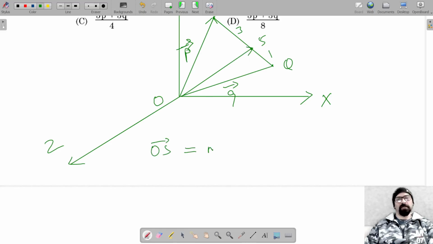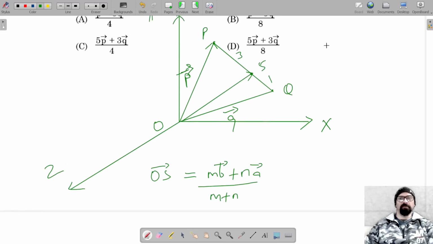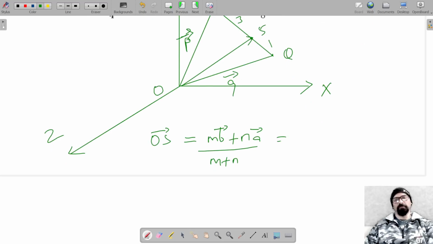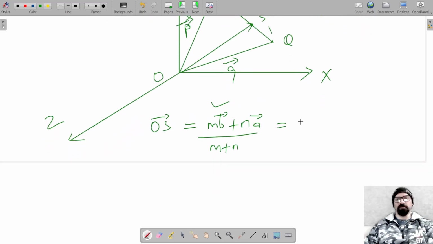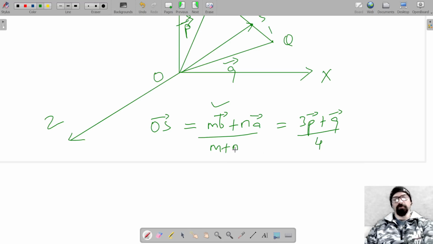Now it's given by the formula M into B vector plus N into A vector upon M plus N, where M and N is the ratio. So M is to N is equal to 3:1. So let's put in the respective values. Instead of B vector, we have P vector. So this is 3 into P vector, and N is 1 into Q vector divided by M plus N, which is 3 plus 1 is 4.